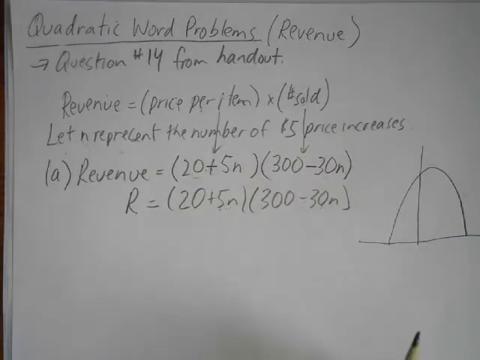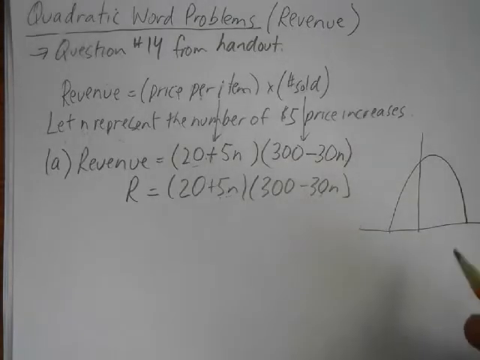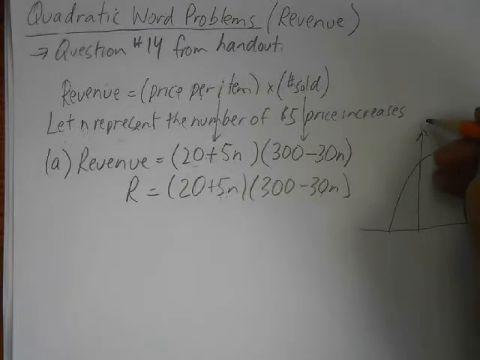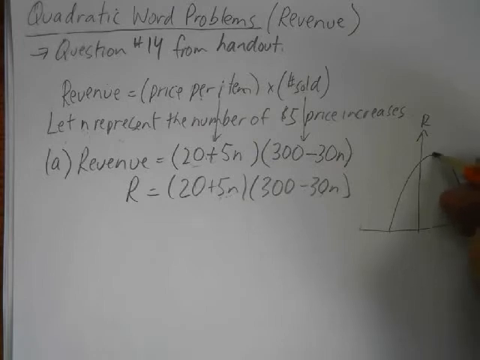It's not so random, but I do know that it opens down. This is going to be my revenue. This is going to be the value of n. So as n changes, the revenue changes. And what we want to find is this point right here, which is the vertex, because that will give us the most possible revenue.